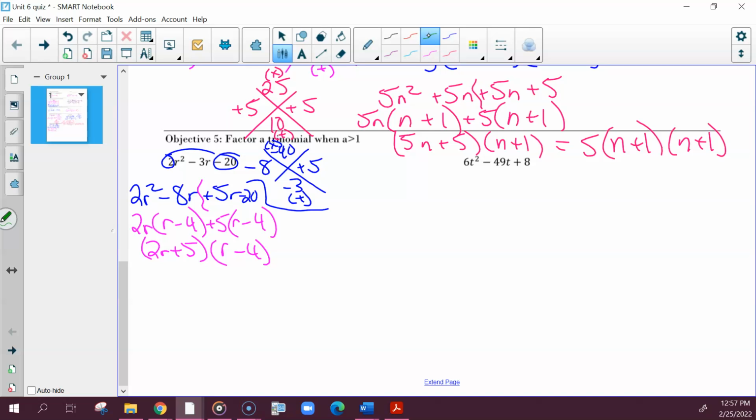For the last one, same thing. This does not have a GCF, so we can take 6 and 8 and multiply those together to get 48. And we're looking for two numbers that multiply to be 48, but add to be negative 49. When those two numbers are close, it's more than likely going to be whatever the top number is and 1. 48 and 1 would work, but they both have to be negative.